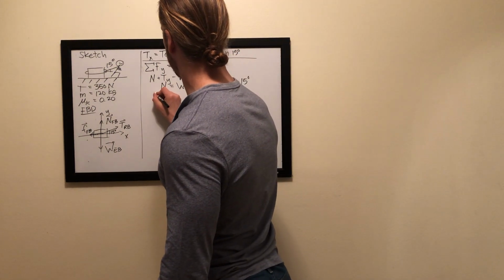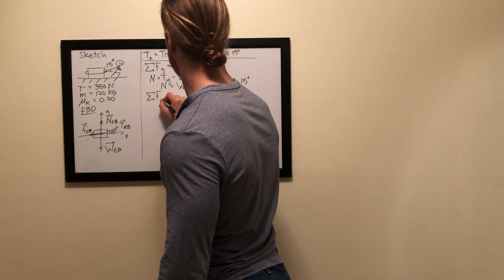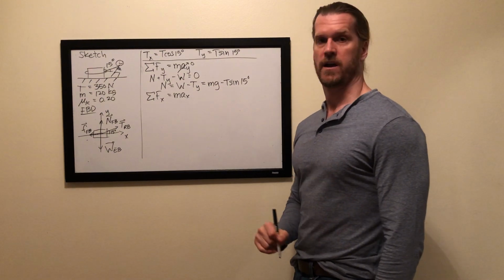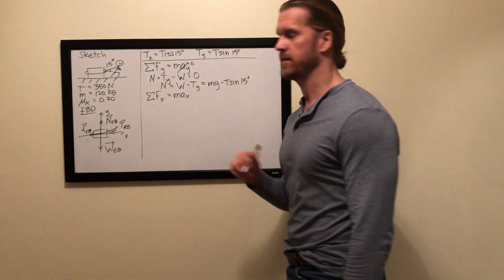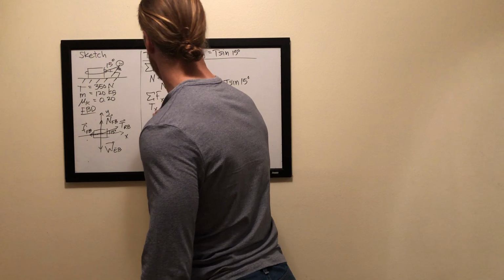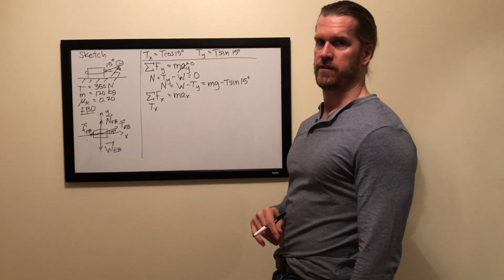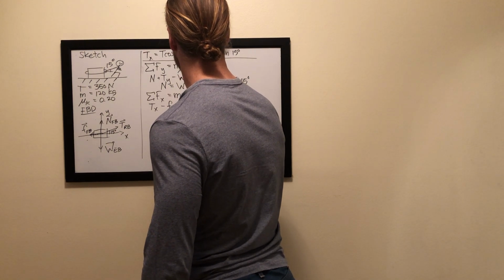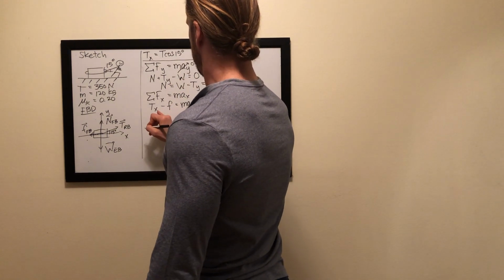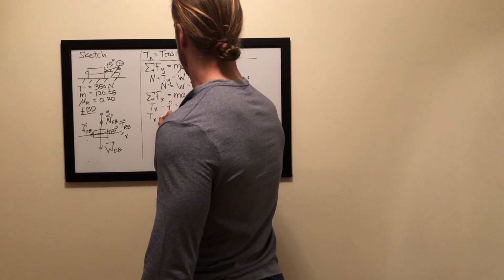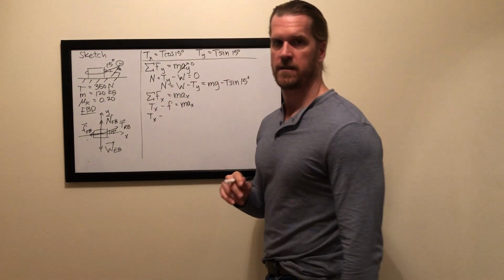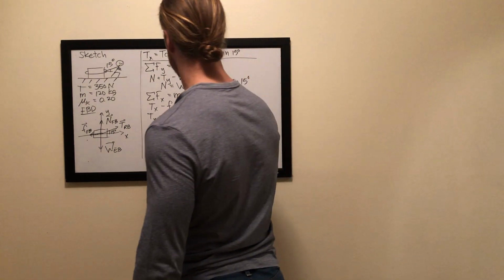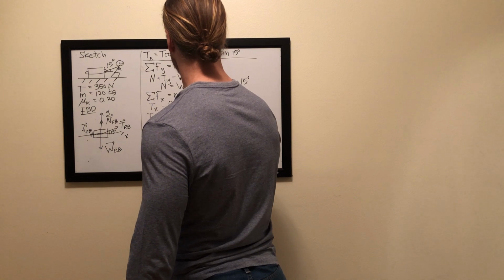So now let's go to the x direction. In x, you've got the x component of tension pulling to the right, and you've got the friction force pointing to the left. Now, friction equals the coefficient of friction times normal force, mu times n.